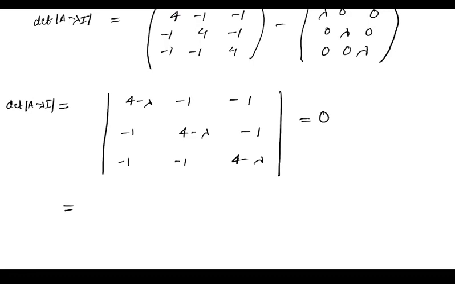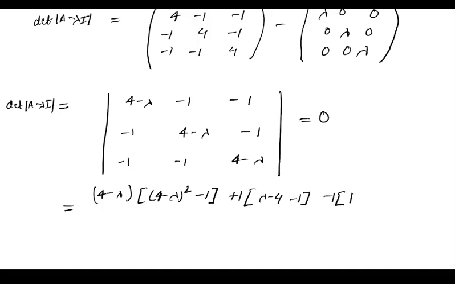So we can just solve it. You can write (4 minus lambda) times [(4 minus lambda) whole square minus 1], plus 1 times (lambda minus 4 minus 1), minus of 1 times (1 plus 4 minus lambda). This is how we compute the determinant.